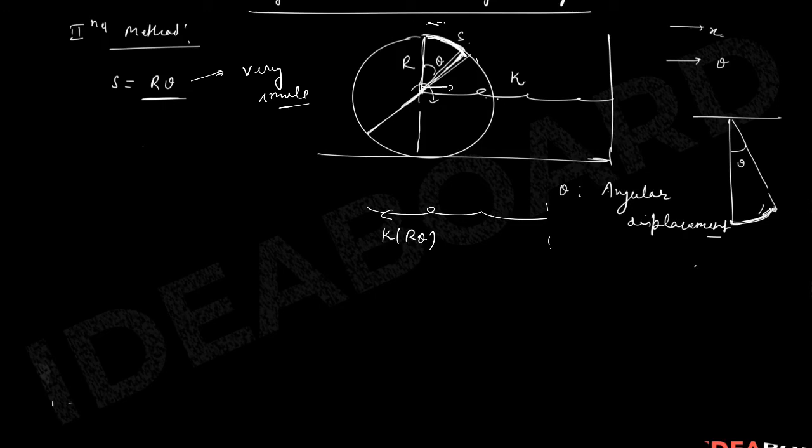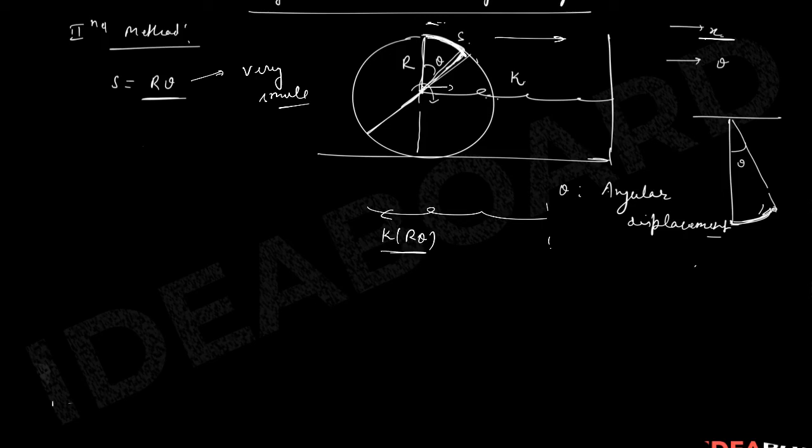So you can assume this as straight only. That's why I did it for X, right? When I was taking X, I said that the compression is like this, otherwise your compression will not be the same. So if that is true, then you can say that force is K into X.